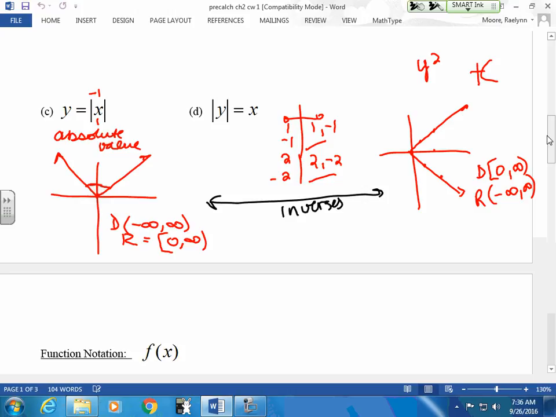Because look what happens. All your x values now become your y values. All your y values now become your x values. They're inverses of each other. Isn't it true? Isn't the inverse definition interchange the x and the y and then solve for y? So it's kind of like that. We can see that they're kind of inverses of each other. And this guy is not a function. You're going to see the same thing with your parabolas. They're going to work the same way.